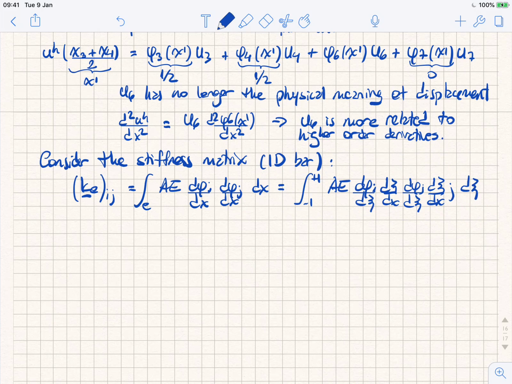Let's remember that these two factors are 2 divided by L^E, and this one is L^E divided by 2.